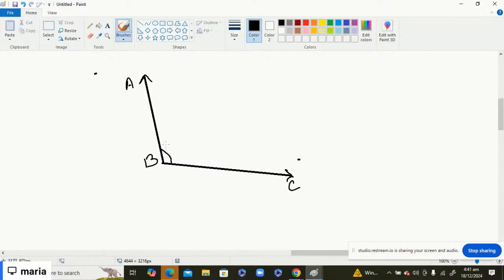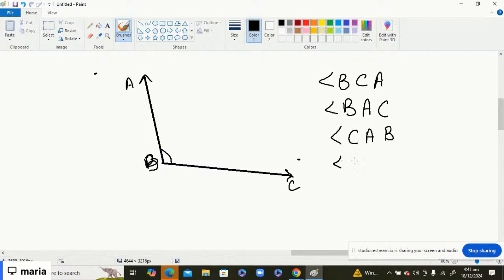This is A, then B, and then C. Now you guys check it out. I'm going to draw the options here. Option one is B, C, and A. Second option is B, A, and C. Third option is C, A, and B. Fourth option is C, B, A. Now check all these four options and then tell me what is the right option.